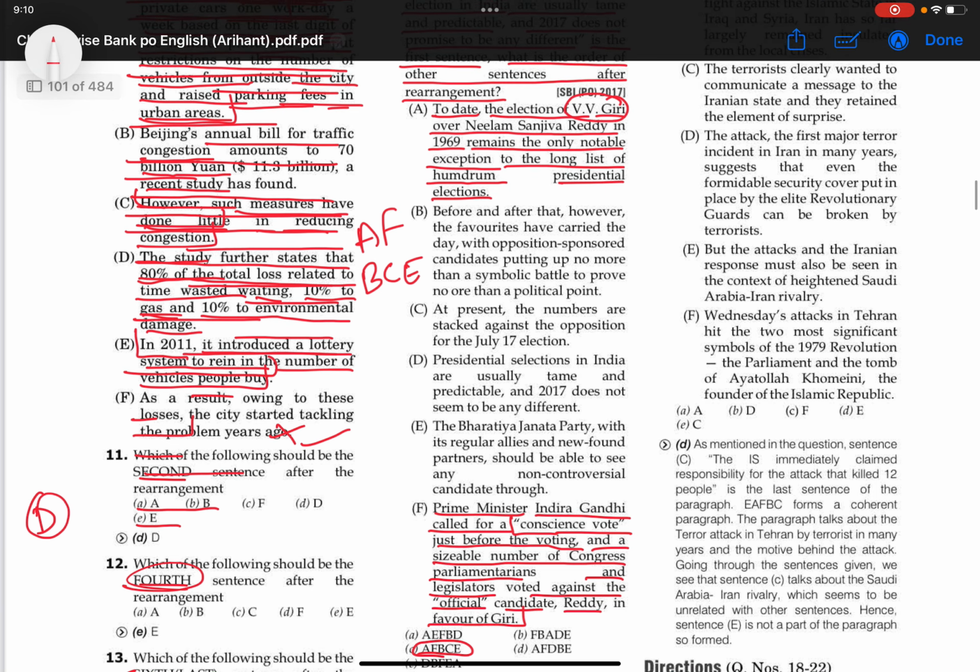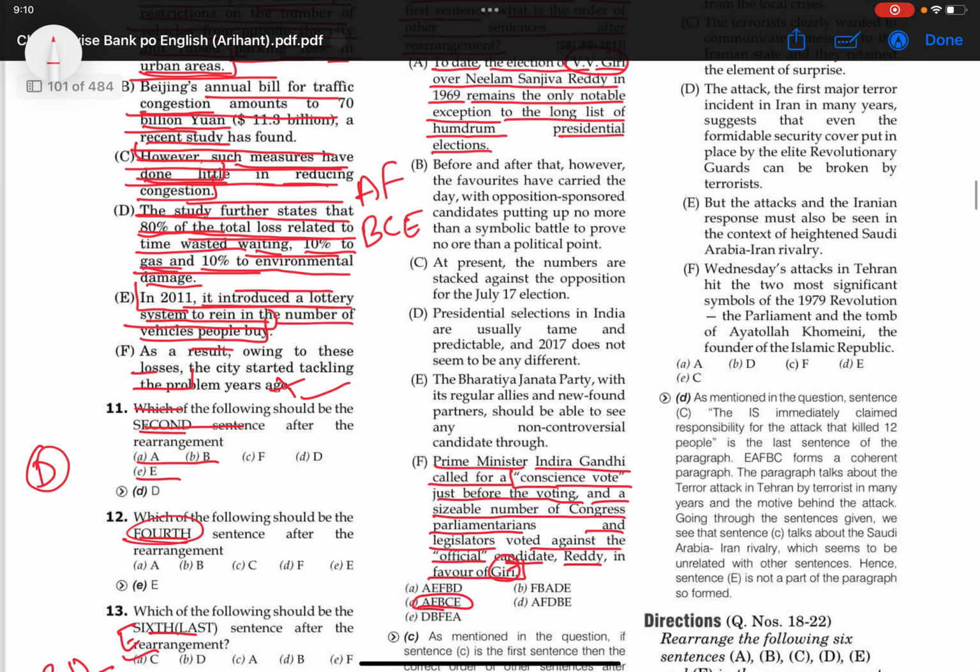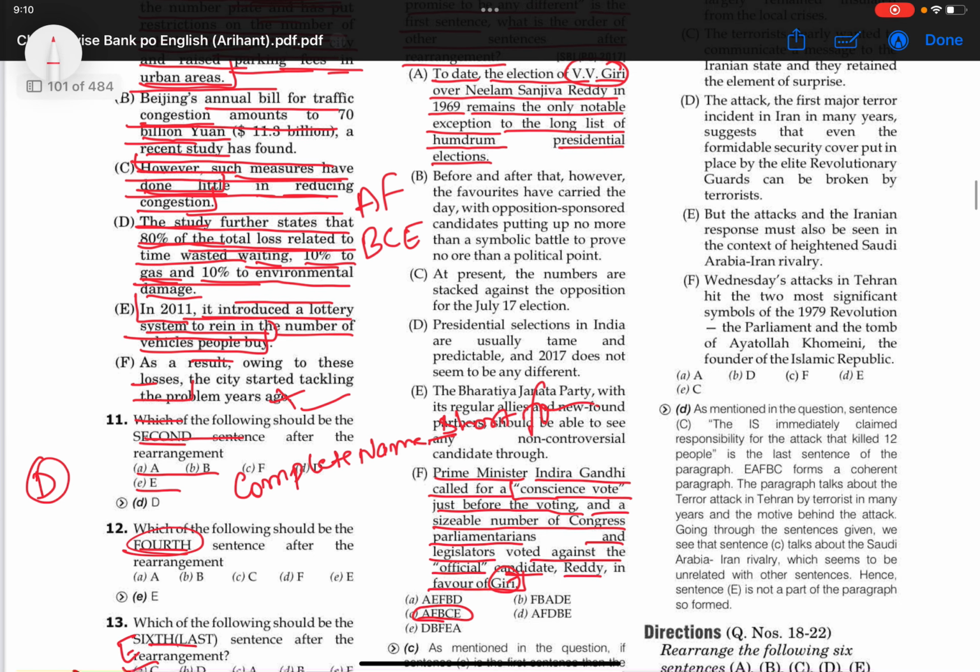इसमें वीवी गिरी कंप्लीट नेम है, इसमें गिरी छोटा है, तो फिर जब भी कंप्लीट नेम आएगा वो कैसे आएगा, वो पहले आएगा, बाद में शॉर्ट फॉर्म आएगी उसकी। फिर बी, before and after that, however, the favorites have carried the day and opposition-sponsored candidates putting up no more than a symbolic battle to prove no more than a political point.